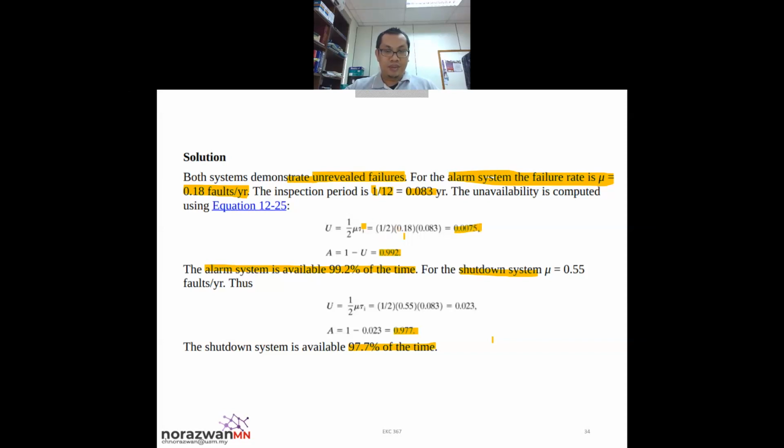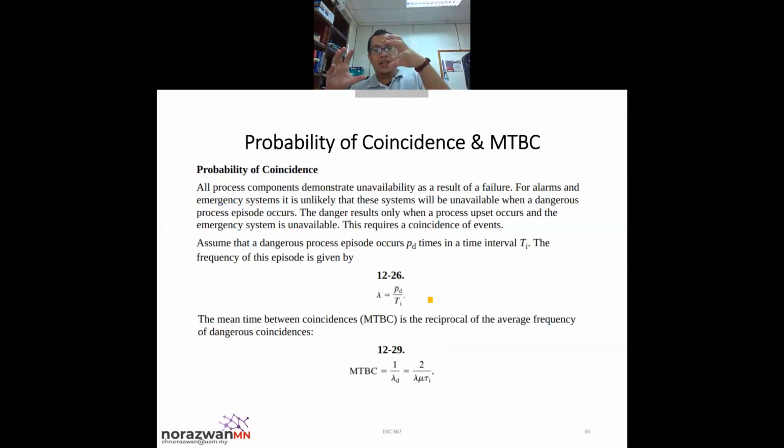Remember, this is 0.075% for this system to be unavailable, and for the shutdown system it is 0.23%. So you need to find the probability for both of the systems to be unavailable, which you can calculate through this equation.